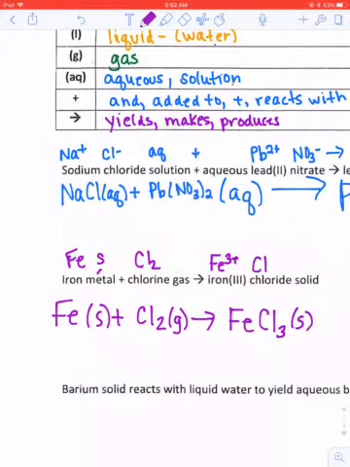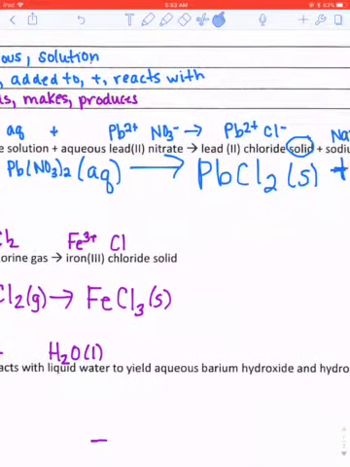All right, barium solid. Look at your periodic table for barium. Barium is Ba, reacts with, so that's our plus, liquid water, H2O, that's a liquid, and then to yield, aqueous.